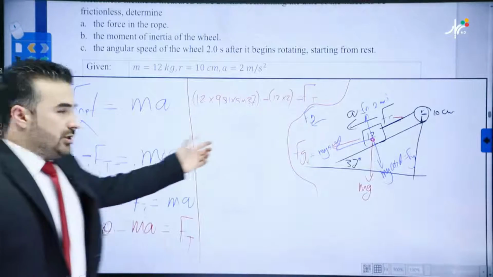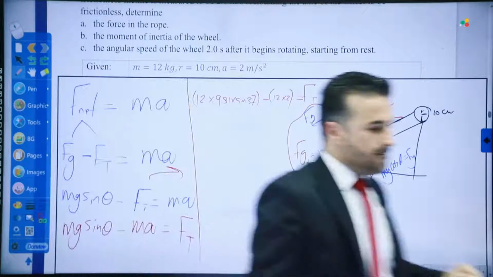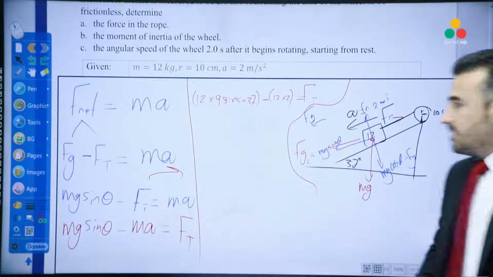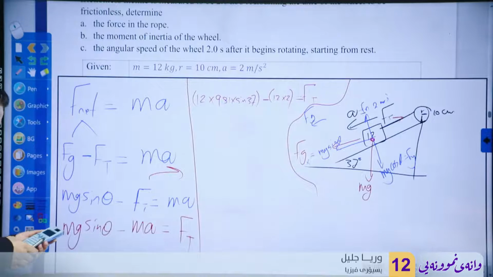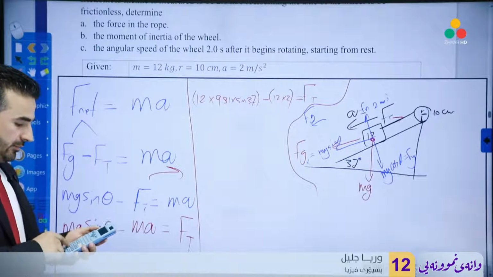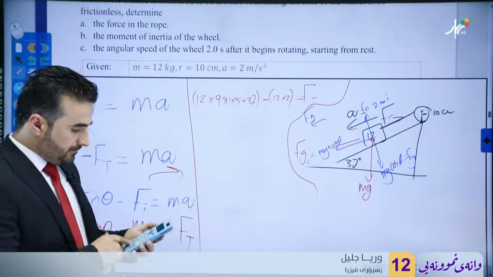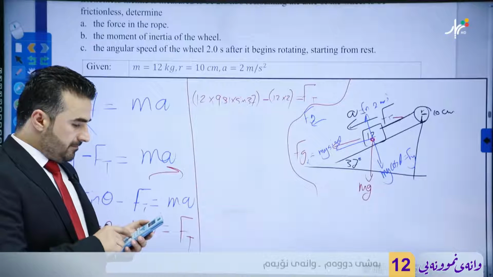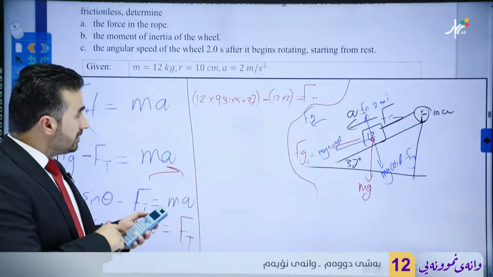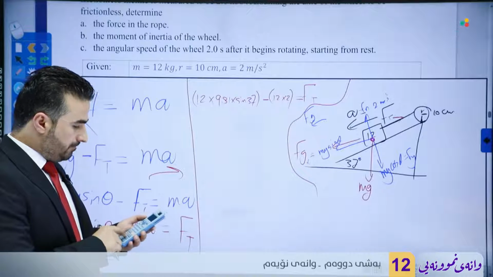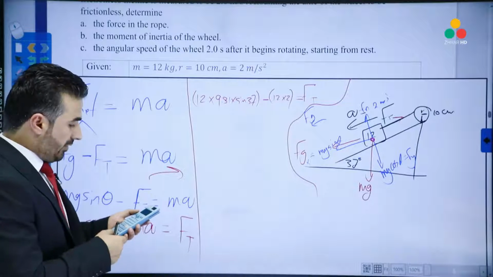Now use your calculator, multiply this, and find the answer. The numbers we have are 12 multiplied by 9.81 multiplied by sine 37 degrees. Then close the bracket and minus, open bracket, 12 times 2, because our acceleration is 2 meters per second squared.